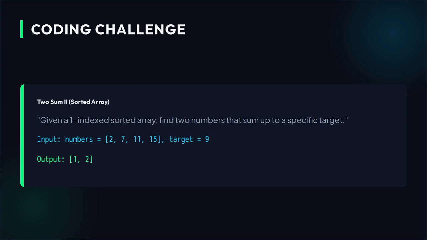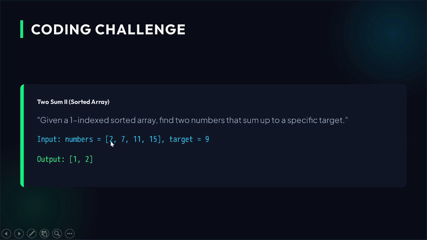Now here is the problem. In this problem, we are given a one-indexed sorted array and we have to find two numbers whose sum equals the given target. The given array is 2, 7, 11, 15, and the target is 9. So we have to find the values whose sum equals the target.